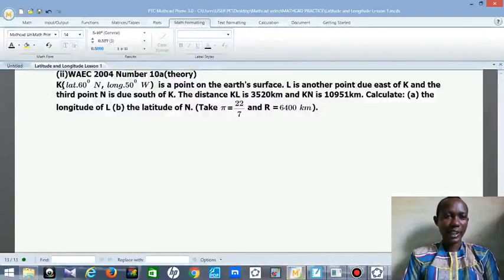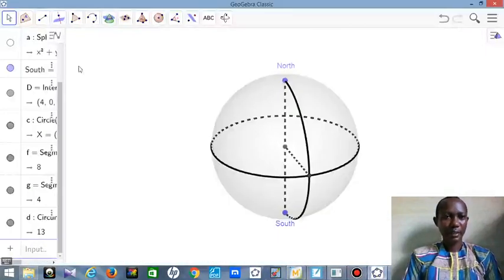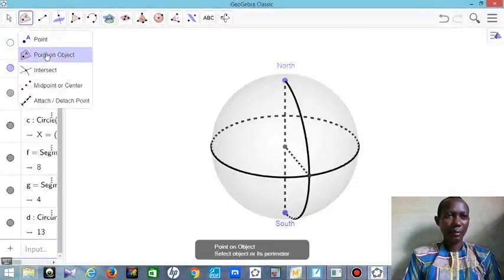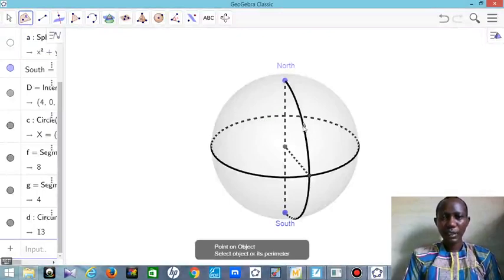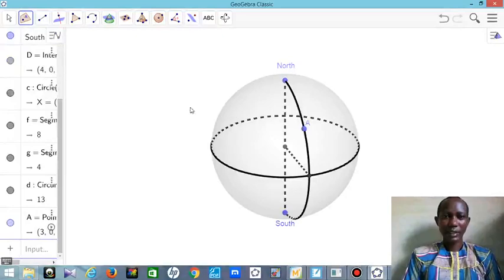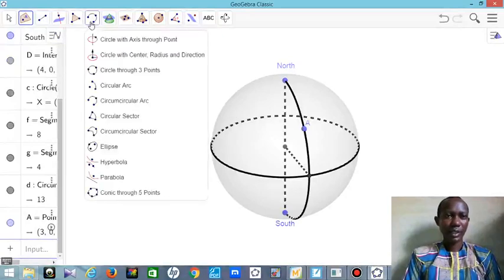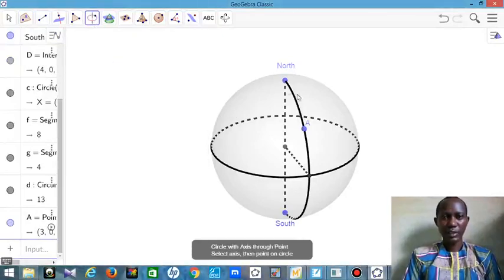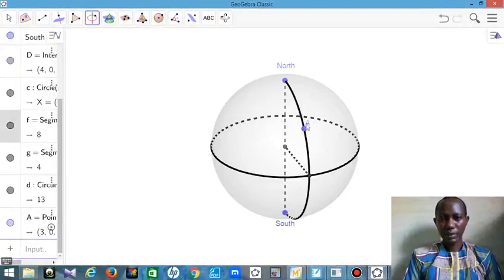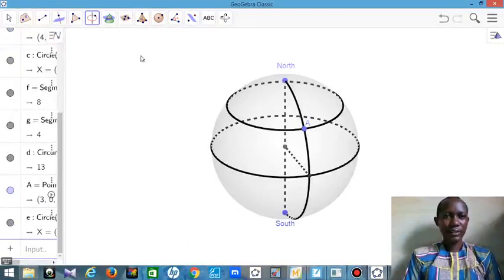So let's start with what the question says we should do. Let's locate point K first. K is standing on latitude 60 north, longitude 50 west. Let me start with my point. I have a point here. Then let me put the latitude. Then this is the latitude. Let me have another point.